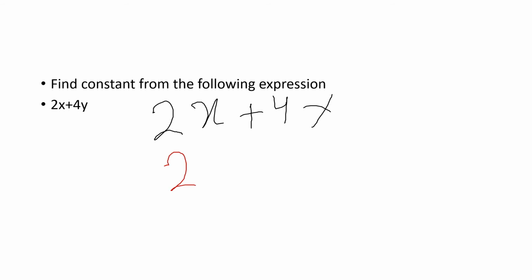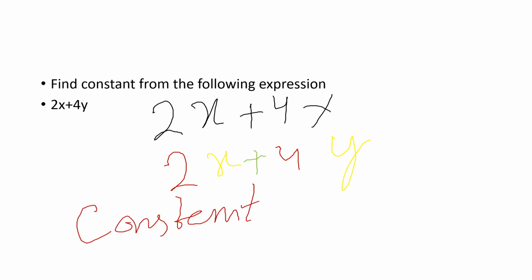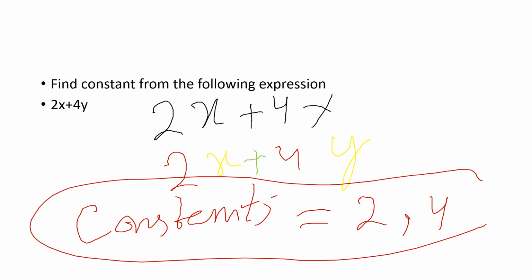We can write it like this: x, y, and so what are the constants? The red parts are constants, so we can write constant is equal to 2 and 4. So there are two constants in our expression, the 2 and 4. This is our answer.